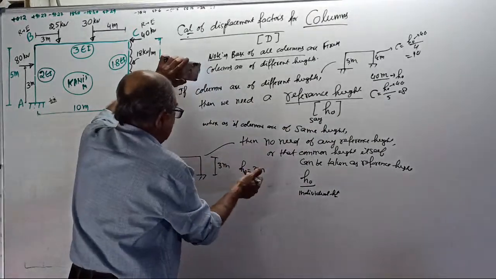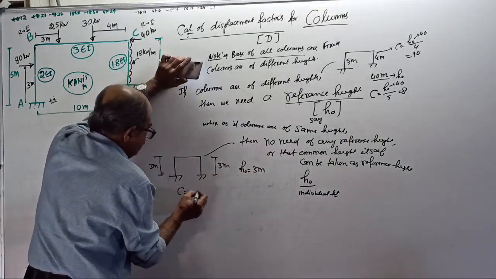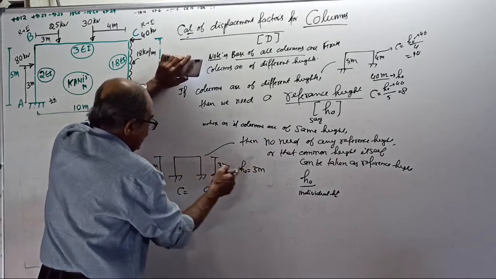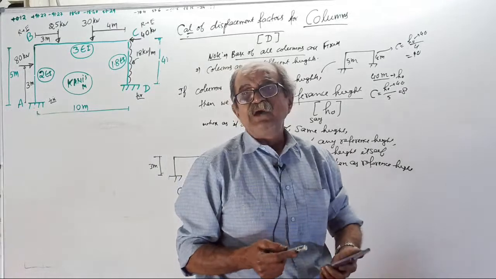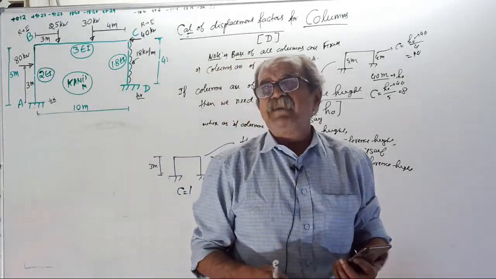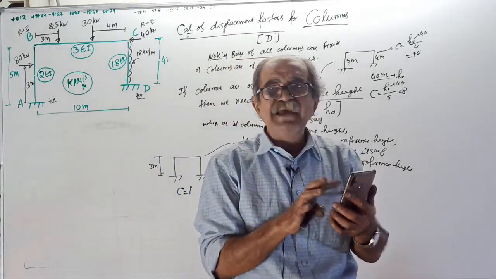If at all you consider, the correction factor for this one is 3 by 3, which becomes 1. If the columns are of same height, taking a reference height is a waste of time.